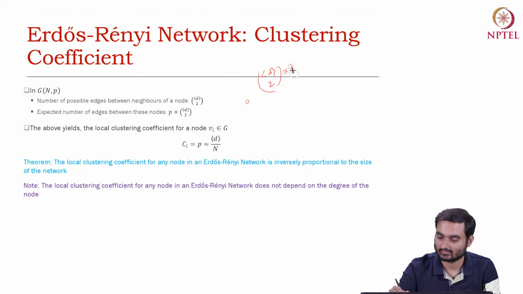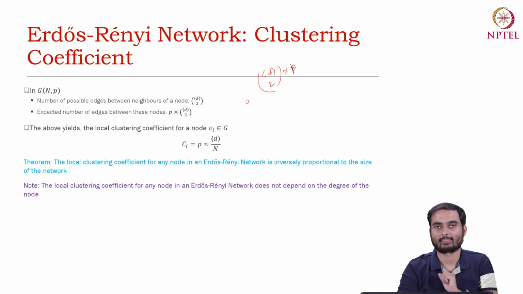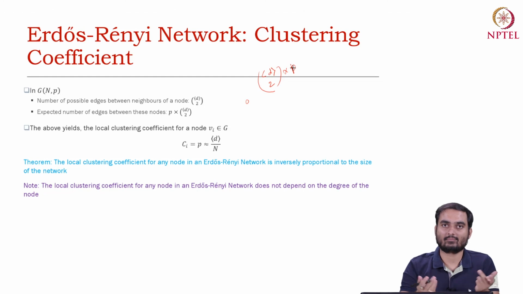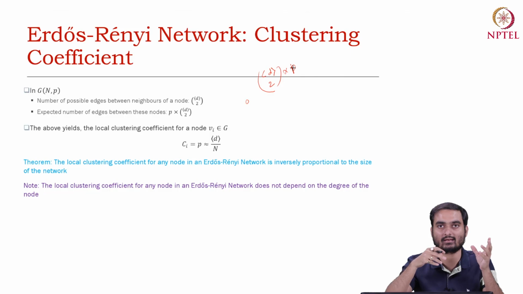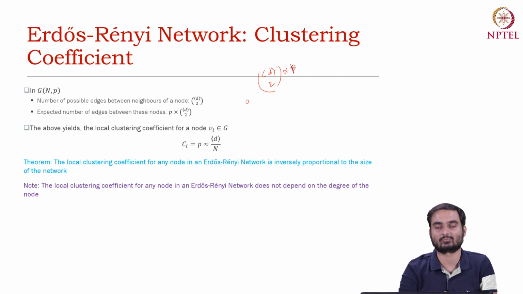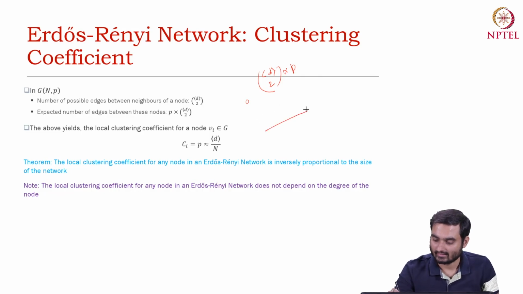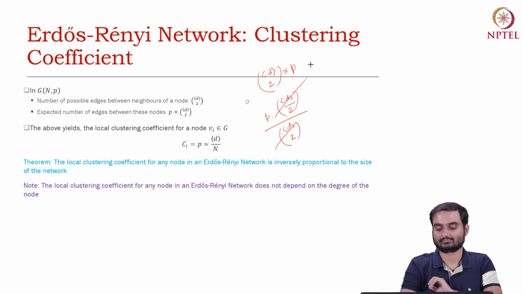And what's the actual number of edges? It is ⟨d⟩ choose 2 times P, because by the same logic, we have ⟨d⟩ choose 2 pairs, and then you connect these pairs with probability P. So what is the clustering coefficient then? It is the actual number of edges divided by the possible number of edges, so these will cancel out.